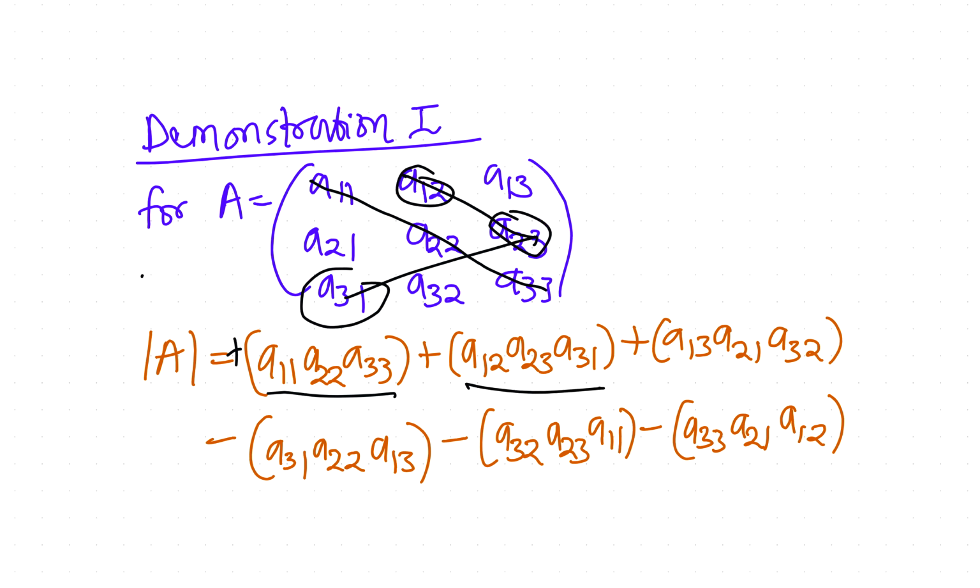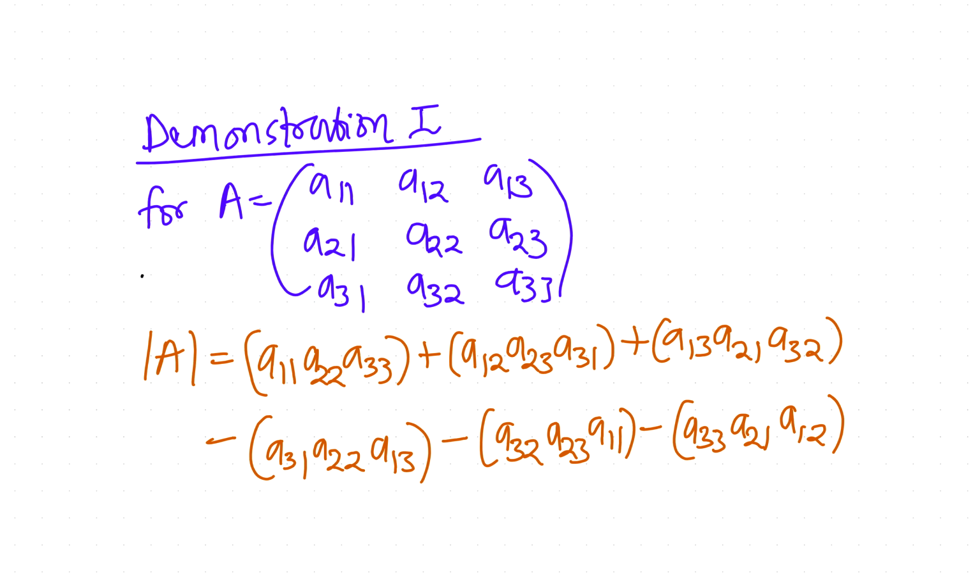Then you also have, so you started from A11, then A12. The next is A13, but for A13 now, this is how you go: A13, A21, A32. That's what you have right here. And having taken care of that, for the positive ones you started from the top, but for the negative ones, you start from the base.